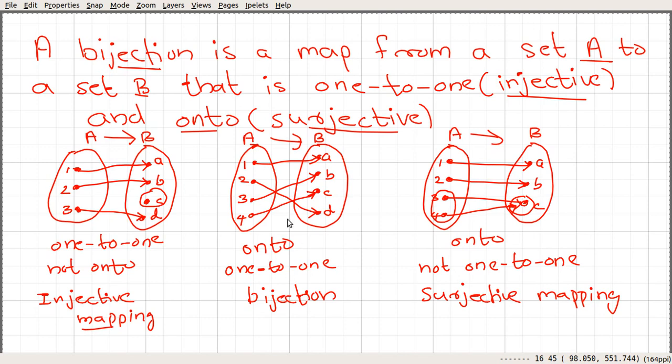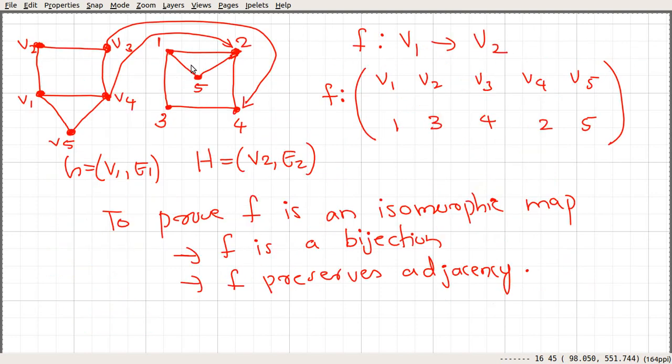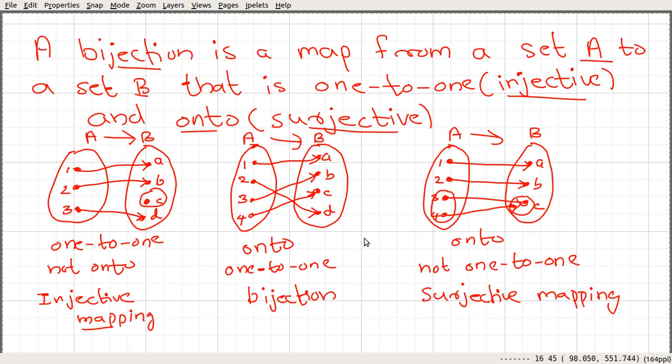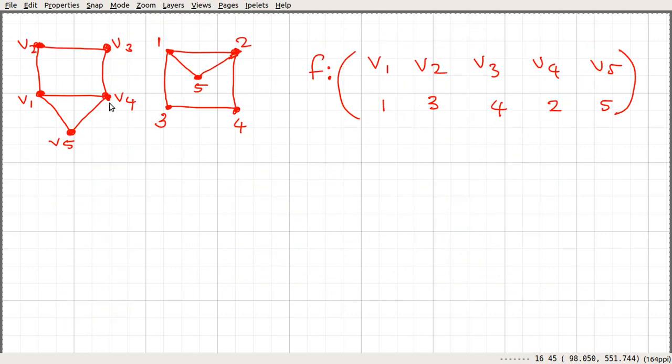So I think now you understood the definition of bijection, and let's go and prove the first part: F is a bijection. So here we have these graphs, we call this G and this H, and we have this mapping.